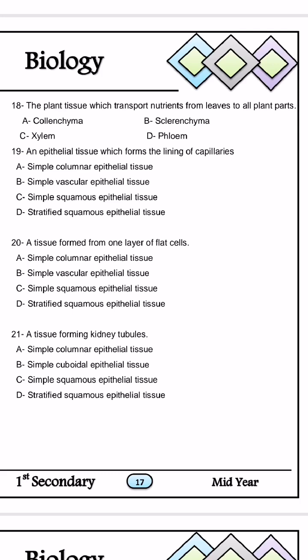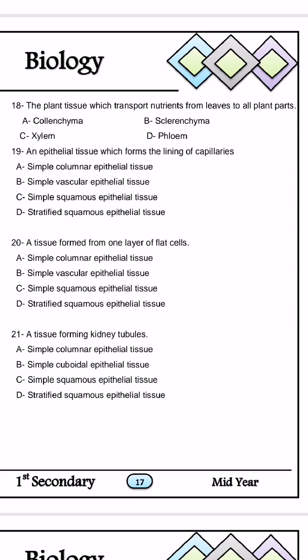The answer is phloem. Number 19. An epithelial tissue which forms the lining of capillaries: simple columnar, simple vascular, simple squamous, or stratified squamous epithelial tissue. The answer is simple squamous epithelial tissue, C.